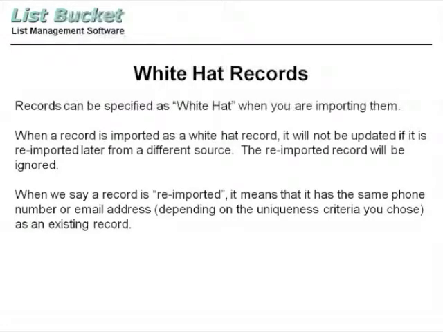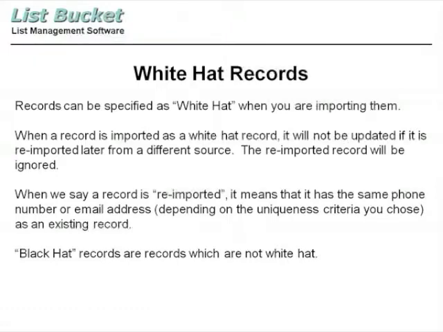If a record is not specified as a white hat record, then, if it is re-imported later, it will be updated with the information for that record from the file. This means that, for a given record which is being re-imported, if the first and last name which is in the imported file for that record differ from the first and last name which are listed for that record in the application, then the record in the application will be updated with the first and last name from the file.